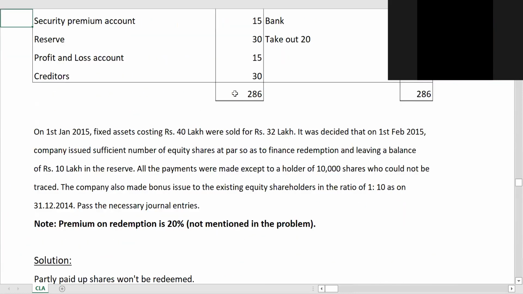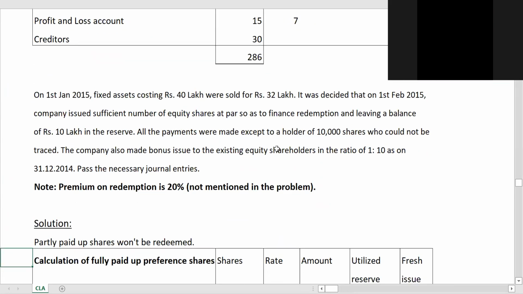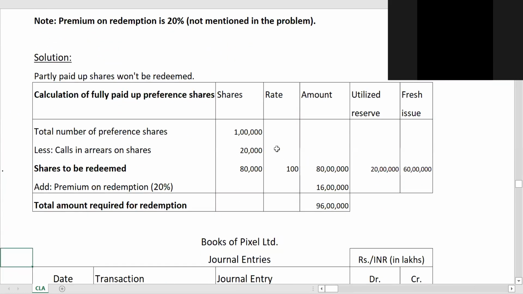Only two or three things here. One is that your P&L after that 8 lakh loss is now only 7. Just remember this. This is the only change we need to remember. So now the working account first.